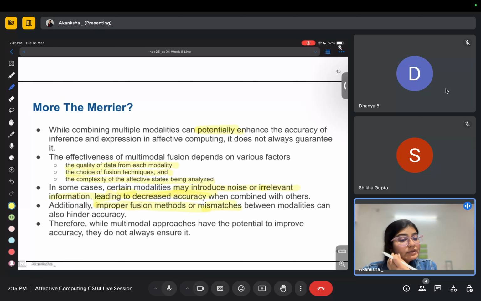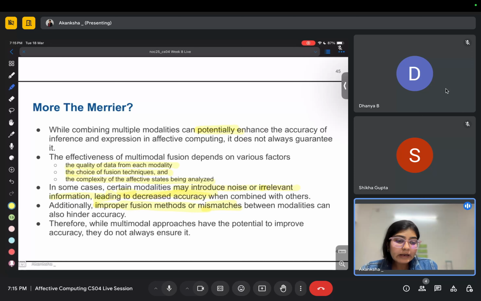Let's say you're not even synchronizing it well, and you're using early fusion. You're just concatenating the features, but the two modalities have different sampling rates, different sources of data. They're not even aligned in the time domain. So how can you just concatenate everything? You need to have more aligned data.